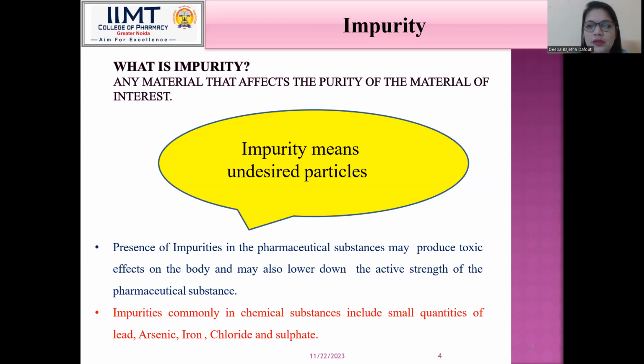The presence of impurities in pharmaceutical substances may produce a toxic effect on the body and may also lower the active strength of any pharmaceutical product. Impurities commonly found in chemical substances include small quantities of lead, arsenic, iron, chloride, and sulfate.